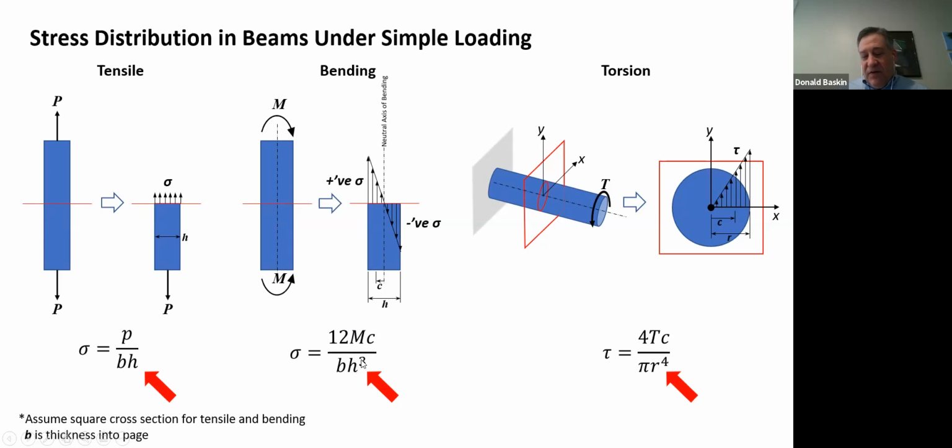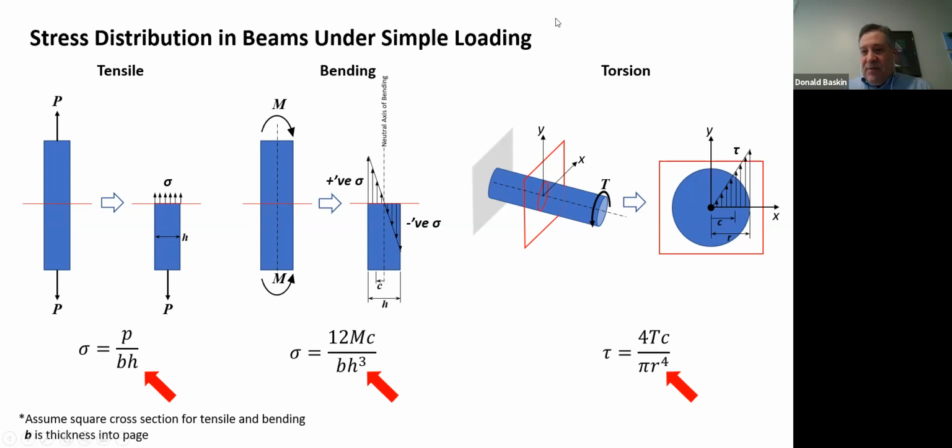The stress goes with the inverse of the third power of H. So as you increase H, as this becomes wider in the plane of bending, the stress goes down very rapidly. For the same bending moment, as you increase H, the stress goes down really quickly.